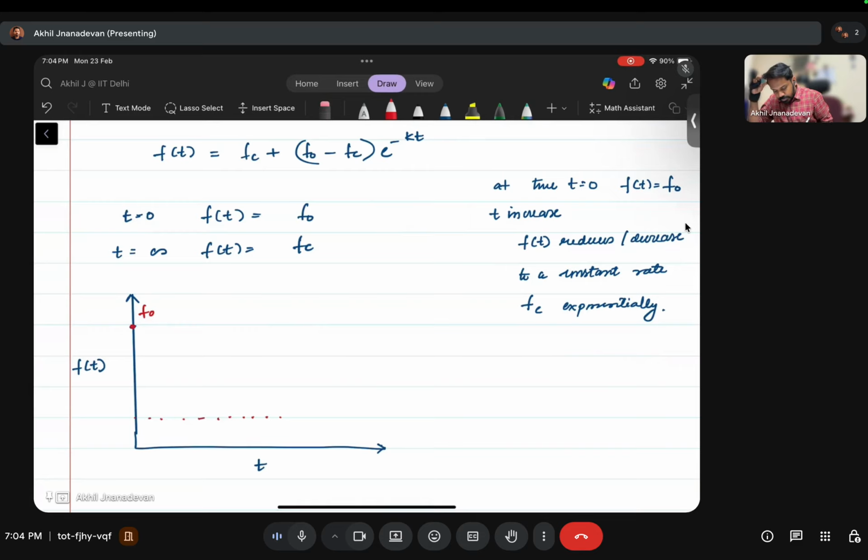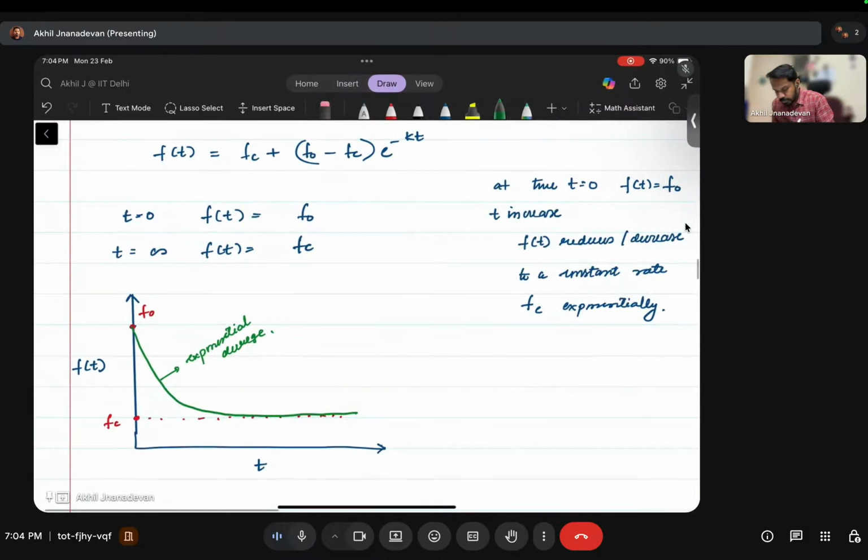So if this is the constant, that is fc, the curve will be something like this, right? This is an exponential decrease. So this is how Horton modeled it.